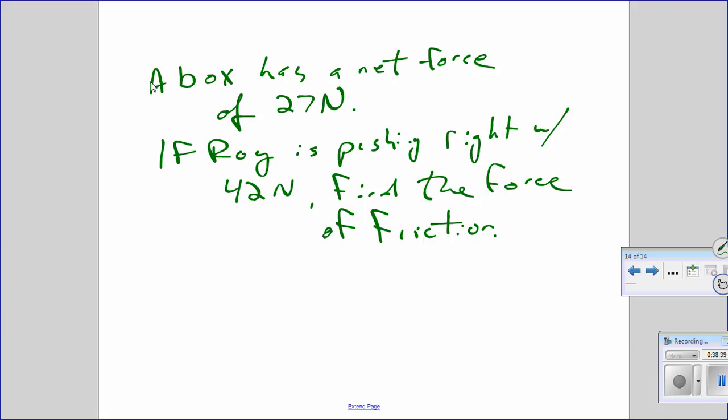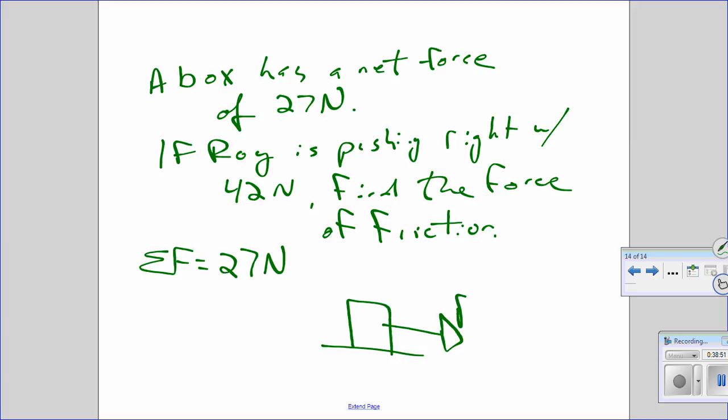Sometimes you need to subtract. So here I gave you the net force. There's this mysterious box, and it has a net force of 27 newtons. Roy is pushing it with 42 newtons, and it wants you to find the force of friction.